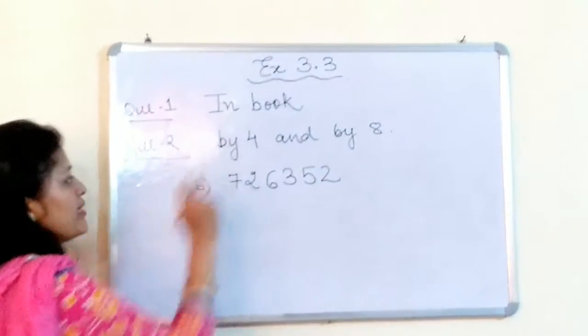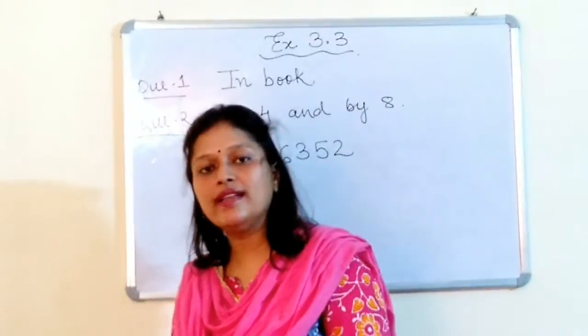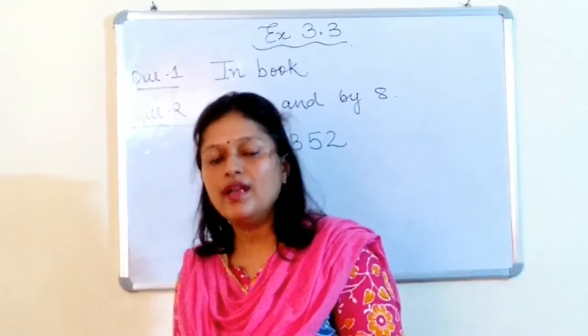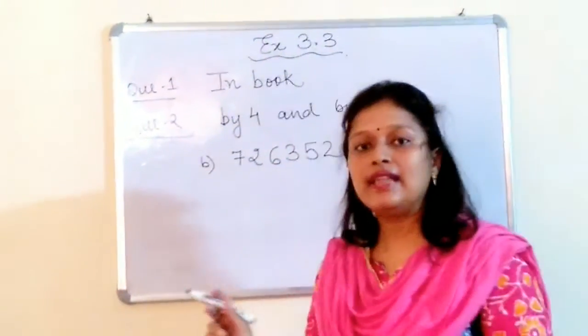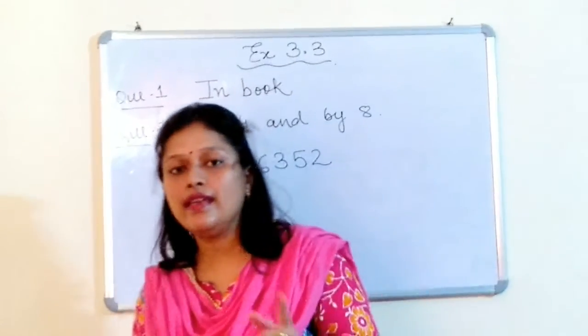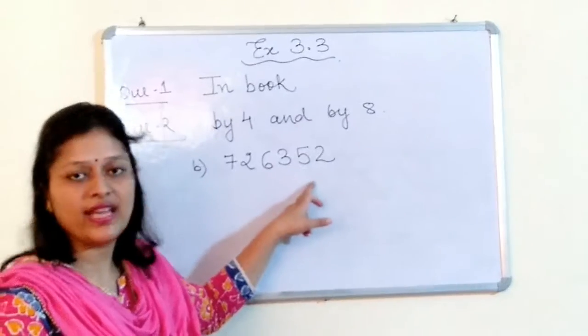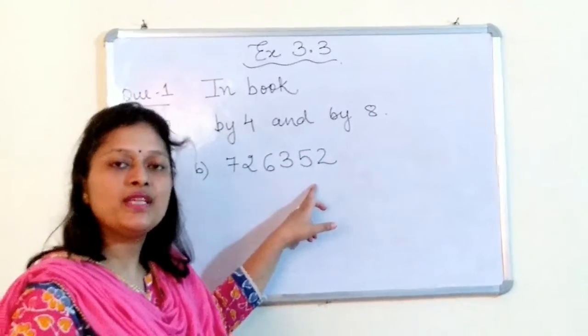Okay. Now what is the divisibility test of 4? How will you check the number is divisible by 4? So you have to check the number formed by the last 2 digits from the right side for checking divisibility by 4.